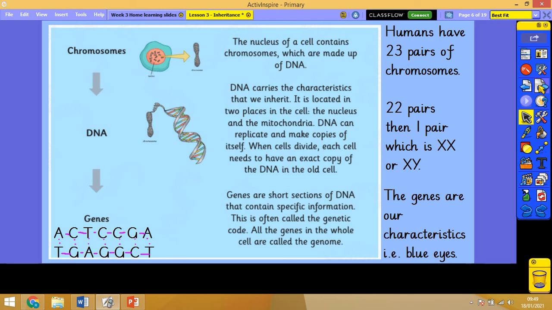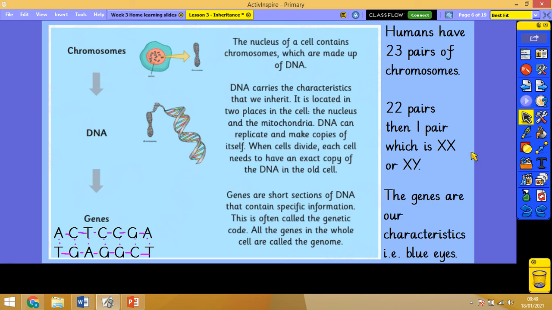Inside these cells we have something called a nucleus. The nucleus can be considered the brain of the cell. That sounds a little bit odd, but it's where all the main things happen in each cell. Each cell has a nucleus, and inside that nucleus, as you can see there, are chromosomes. For us, we've got 23 pairs, so 46. 22 pairs have genetic DNA on them, and contain our genes.